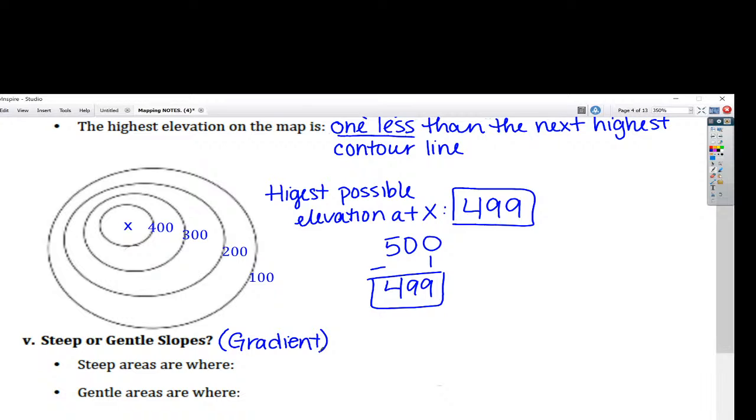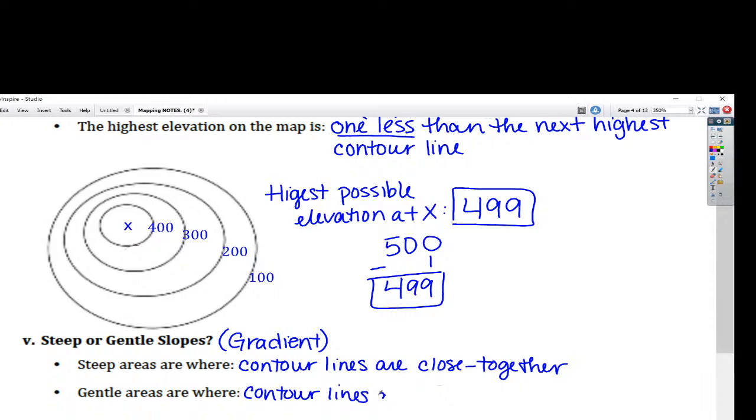The steep areas of the mountain are where the contour lines are close together. The gentle areas are where the contour lines are far apart.